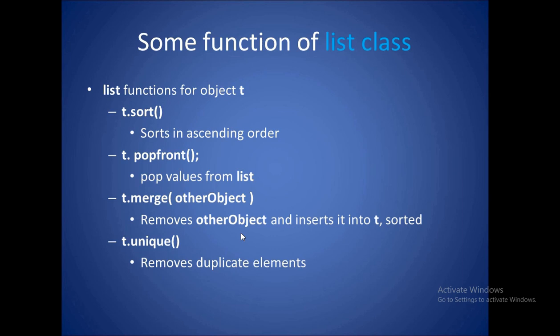So two lists are merged: it removes the other object's elements and inserts them into t. t dot unique removes duplicate elements from the list t.